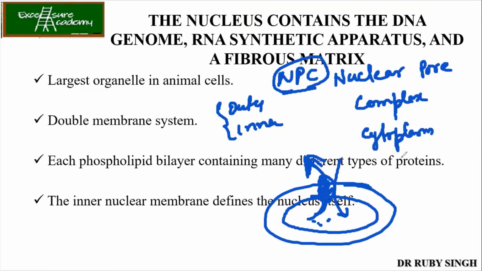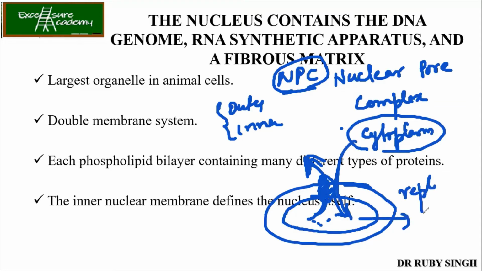We know that protein synthesis takes place in the cytoplasm, so all those proteins, after being synthesized in the cytoplasm, are taken inside the nucleus to carry out your DNA replication and transcription. It is only through the NPC that materials are exchanged between the cytoplasm and the nucleoplasm. There is no other way that it can cross, and it is highly regulated. Okay, is it clear?